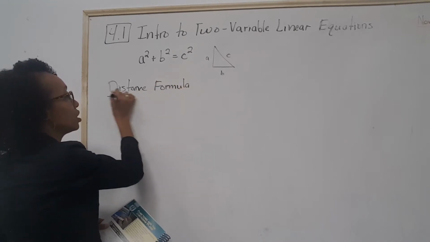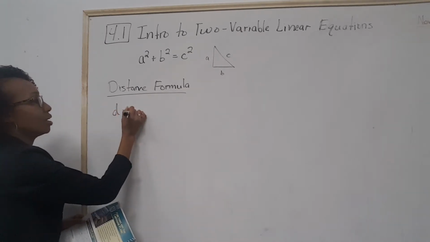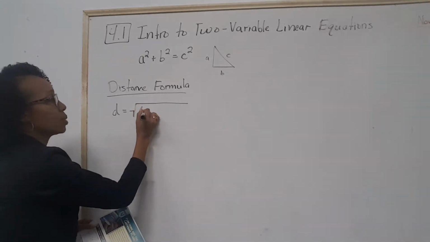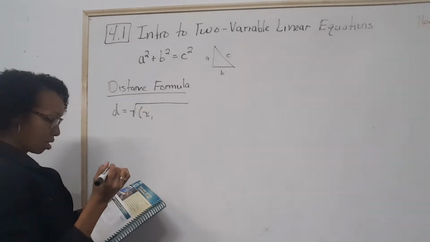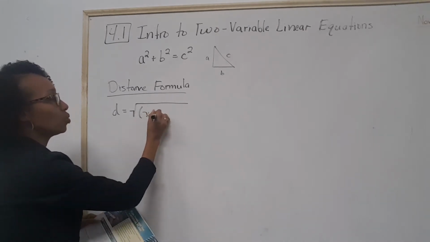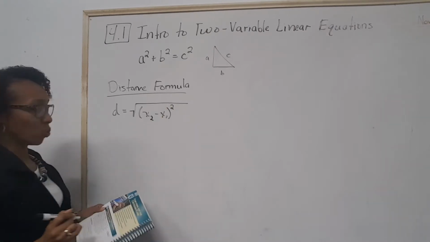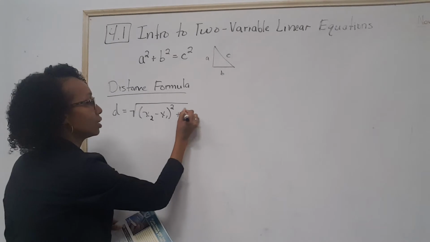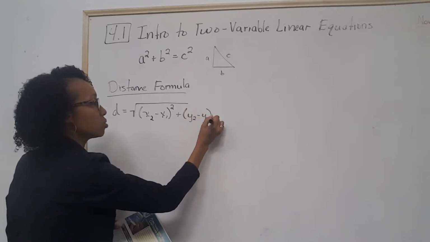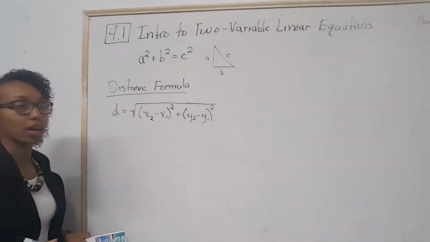The distance formula says d equals the square root of parenthesis x2, this book uses 2 first, minus x1, close the parenthesis, square the parenthesis, plus y2 minus y1, close the parenthesis, and square it. All of this is underneath the radical, okay?